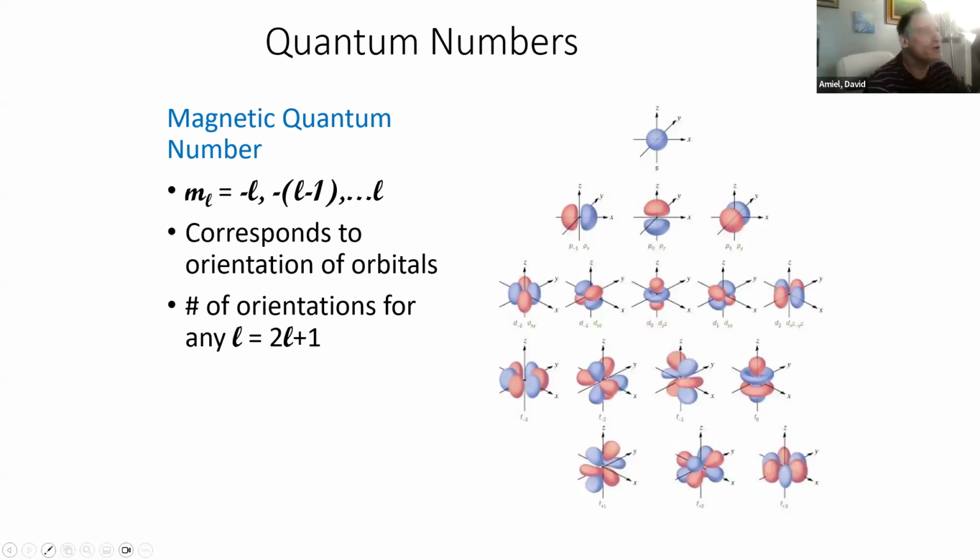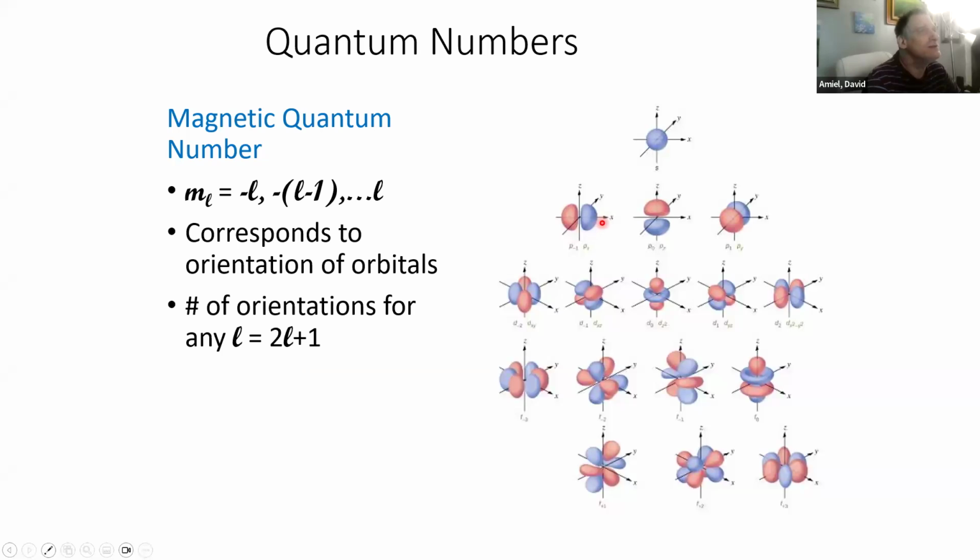Here is the third quantum number, called m sub L, the magnetic quantum number. And it can have values of minus L up to L. So we're seeing that this corresponds to the orientation, how they are oriented in space, up, down, diagonal, and so forth.